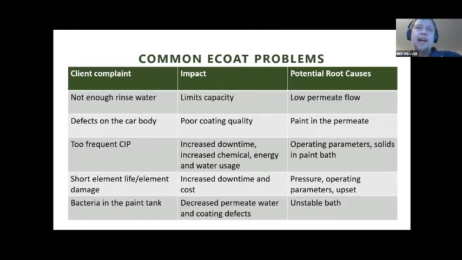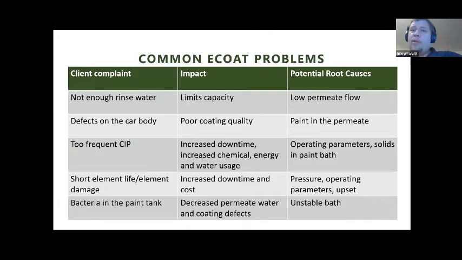Another complaint we hear is defects on the car body. As it's going through the rinse stages and then into the oven, we may see pitting, we may see denting, just any type of defect on the body or part itself. And really, it's a poor coating quality. Some of the potential root causes could be excess paint in the permeate, whether the membrane is leaking a little bit, or maybe it's not the proper membrane selected for the application.